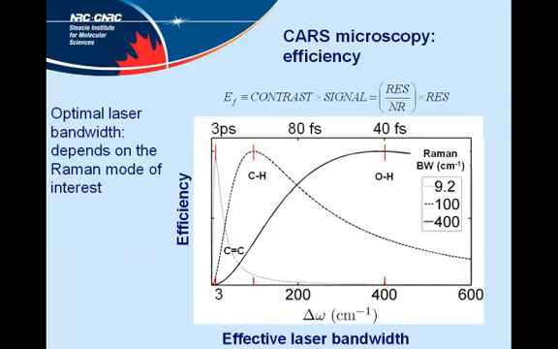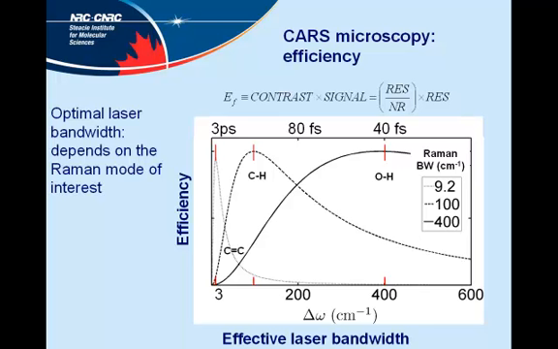So I'm going to replot what I did before and show you something which is intuitively obvious: you get the best efficiency for any given mode when the bandwidth of your laser matches the line width of that mode in the material. If you have a CC stretch, you would be best using a 3 picosecond pulse for your microscopy.